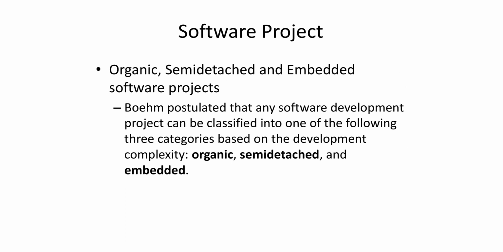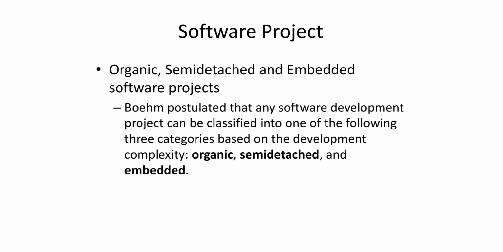Barry Boehm was the person who gave these project models, which classified projects into three categories. According to him, we divide projects based on type and some characteristics into these three basic categories.